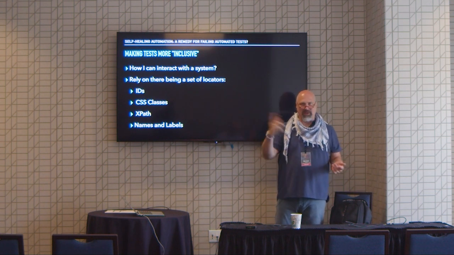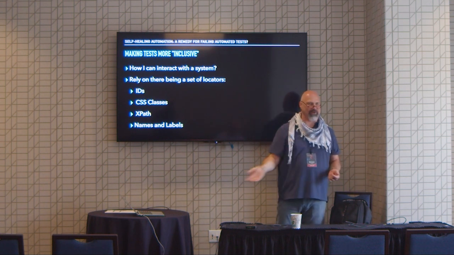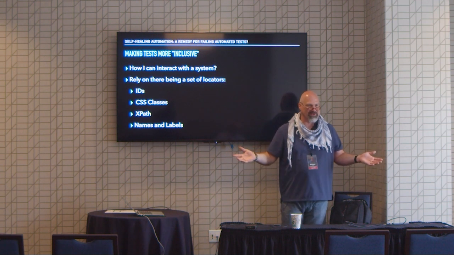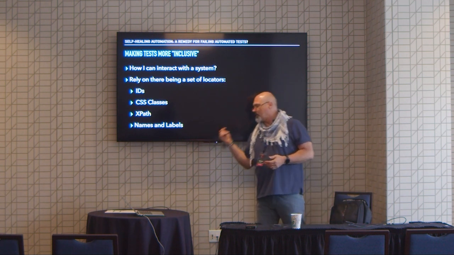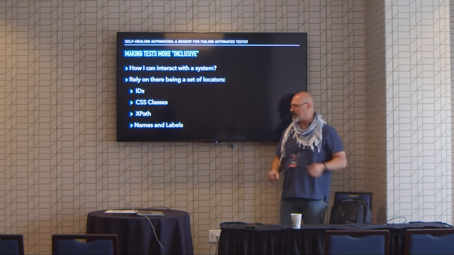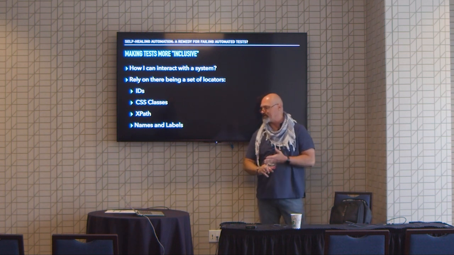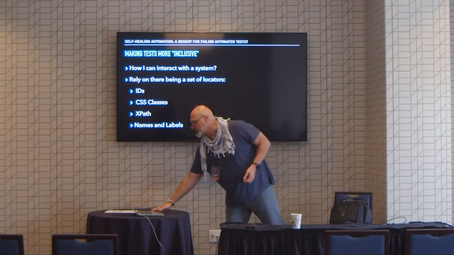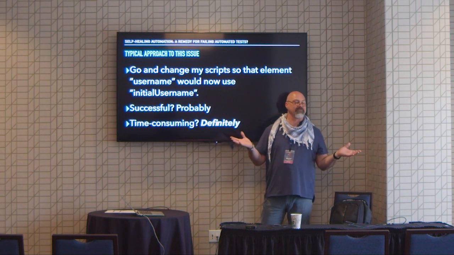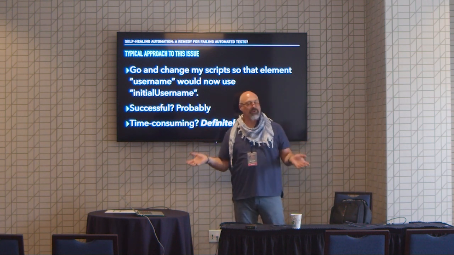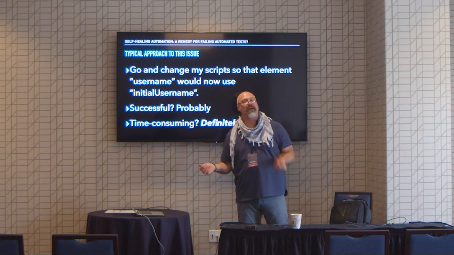Ultimately, if you keep running the test, you might actually bring your agent count to 0, but it's got nothing to compare to, so it doesn't really matter. But in this case, you can have a set of locators, IDs, or CSS classes, or XPaths, names and labels. And also, you can have lots of parameters or attributes that you want to keep track of, not just the one.